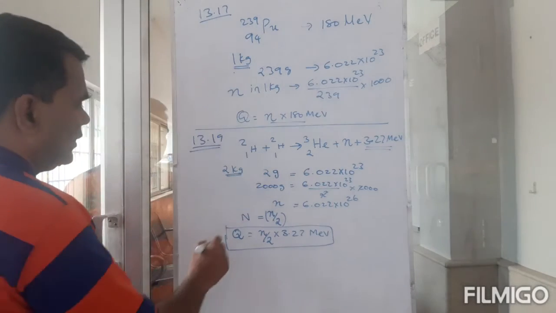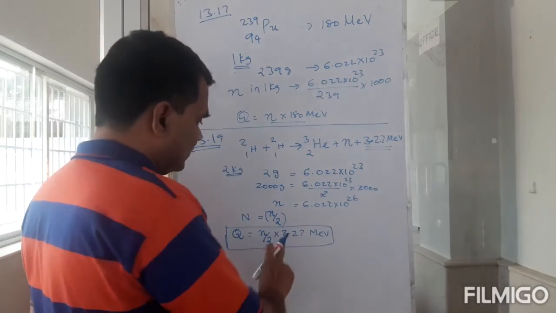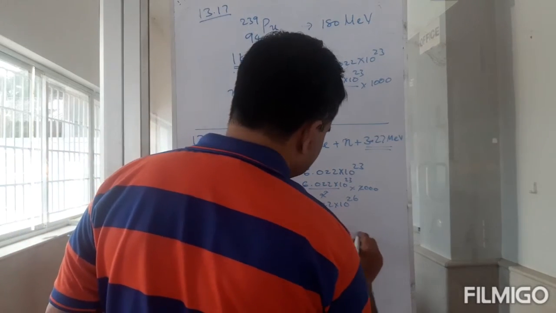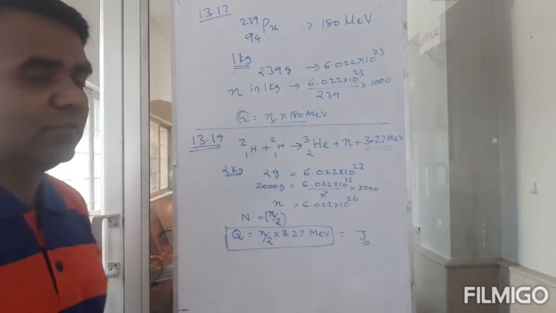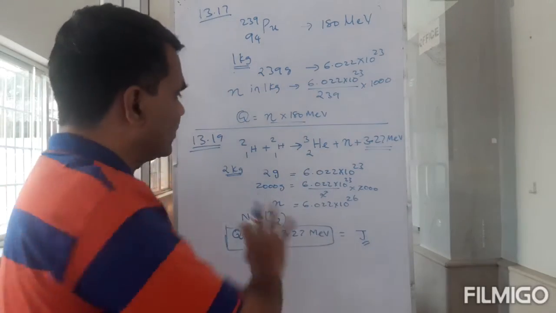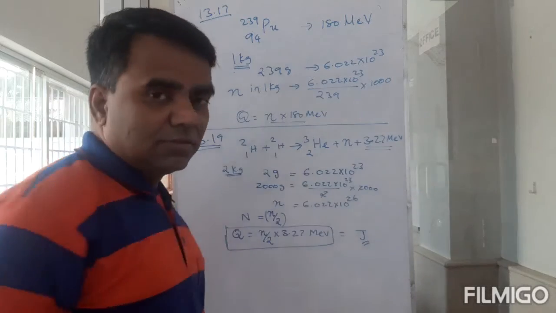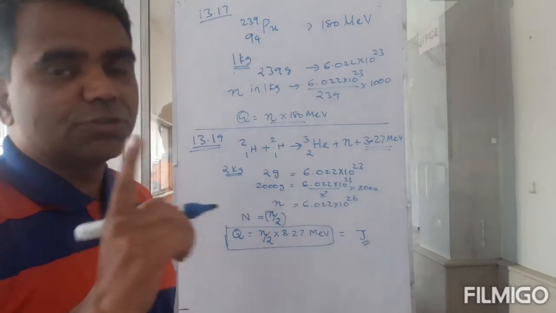Okay. Now you get this converted into joules, energy in joules. So this is the amount of energy that will be released when the whole material undergoes fusion. But what does your bulb do?